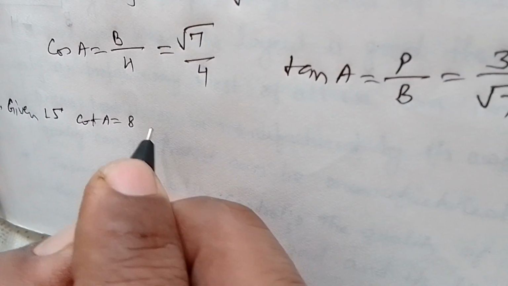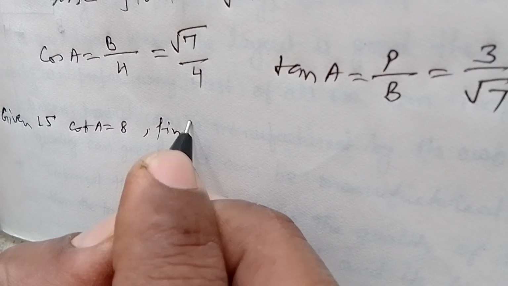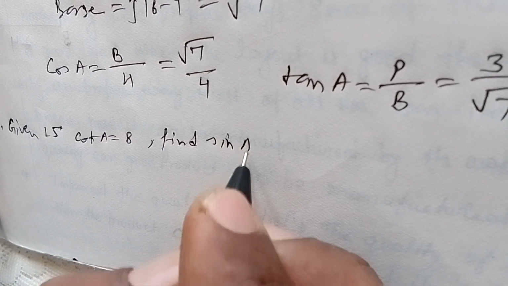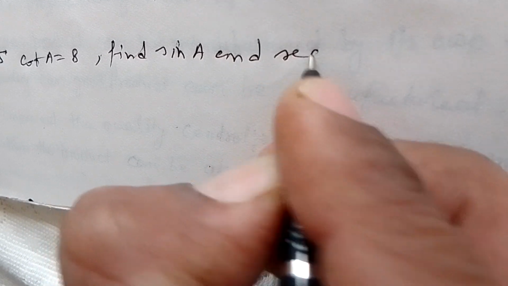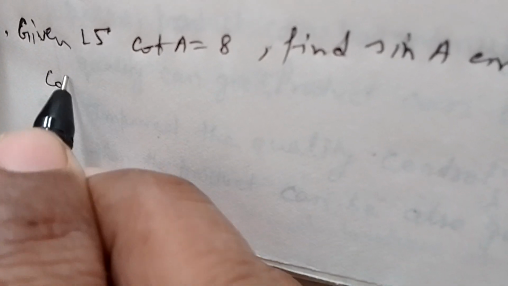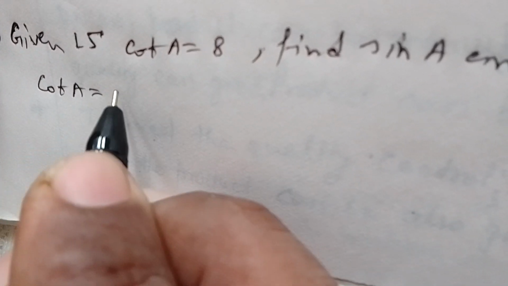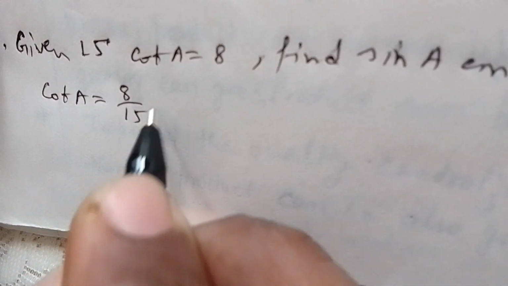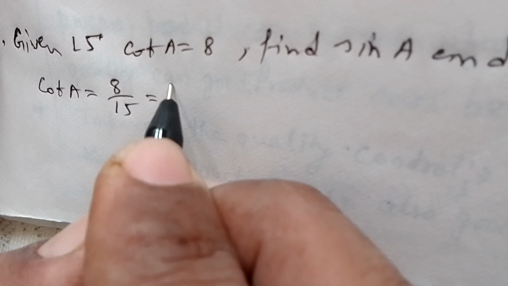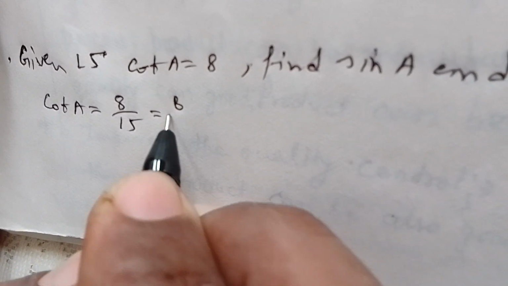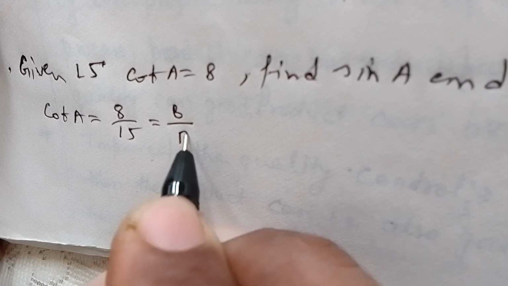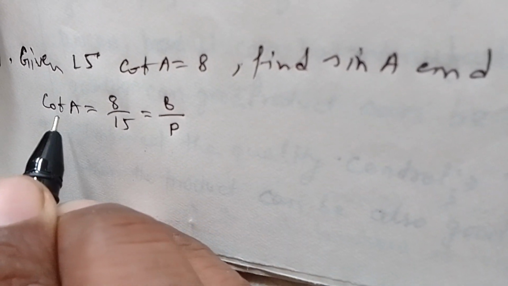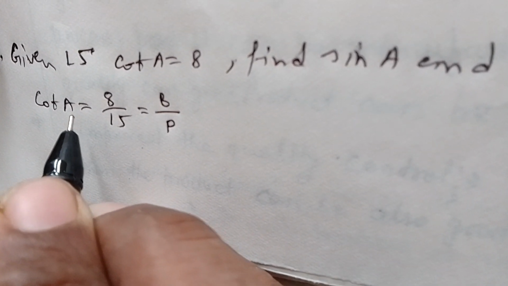We have to find sin A and secant A. So for this we can write this given value as cot A is equal to 8 by 15. That is base divided by perpendicular. It is opposite to that of tangent A.